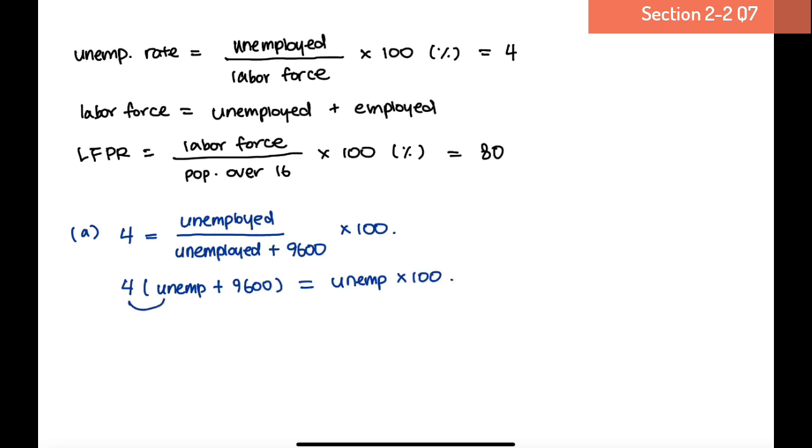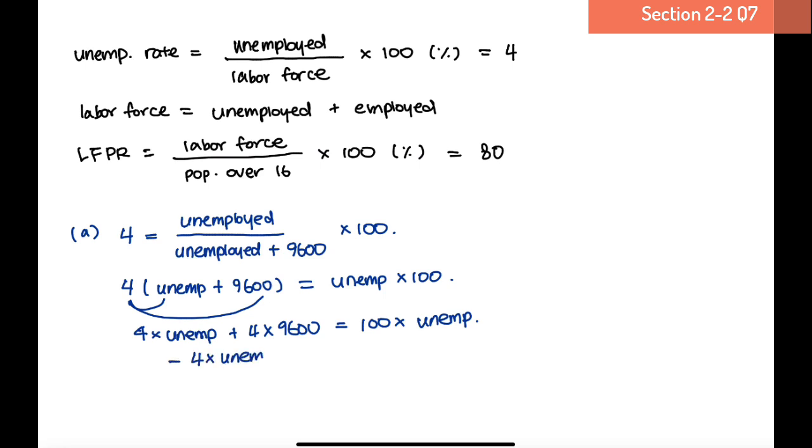And here we have 4 times unemployed plus 4 times 9,600 being 100 times unemployed. Subtract 4 times unemployed on both sides.